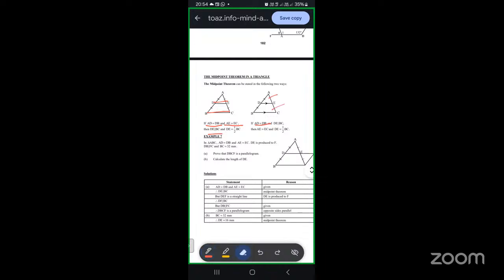You're only given that this is equal to that, and also that this line is parallel to that one. Then you can come to the conclusion that this one is equal to that one, and this one is half of this one. Does this make sense to you guys?